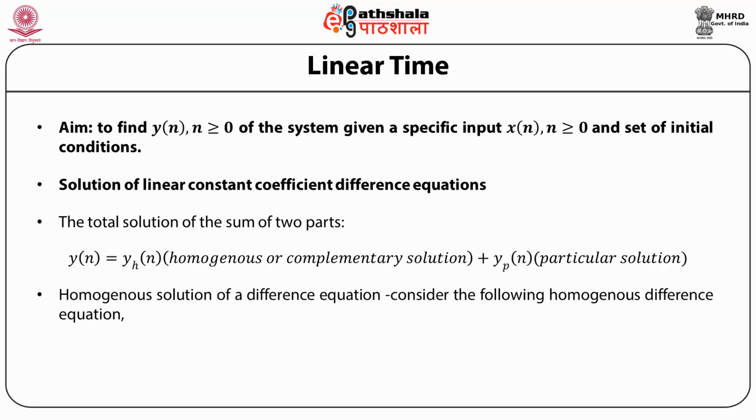For the homogeneous solution of a difference equation, we consider the following homogeneous difference equation: summation over k equal to 0 to N of a_k y(n minus k) equal to 0.